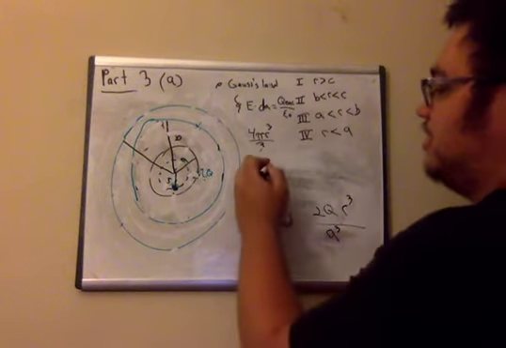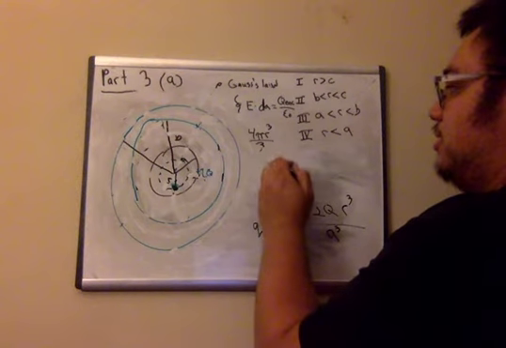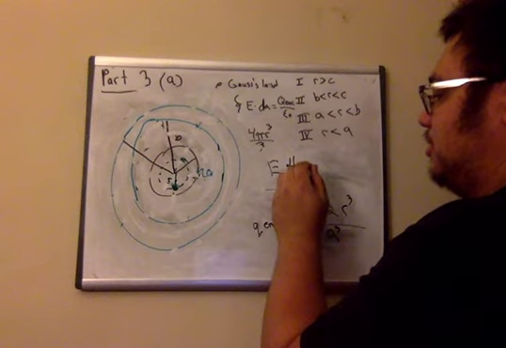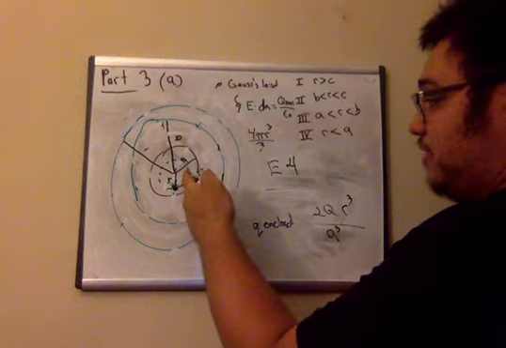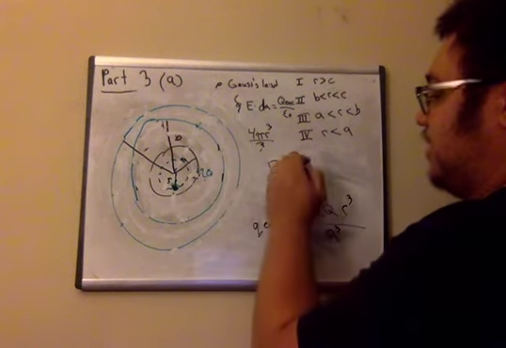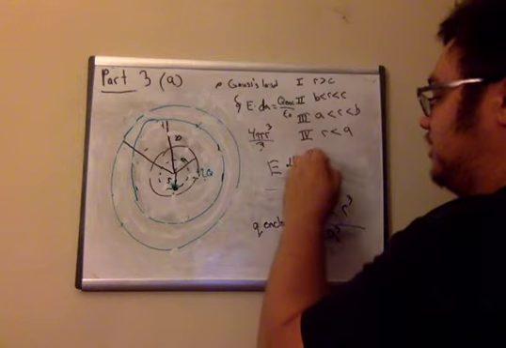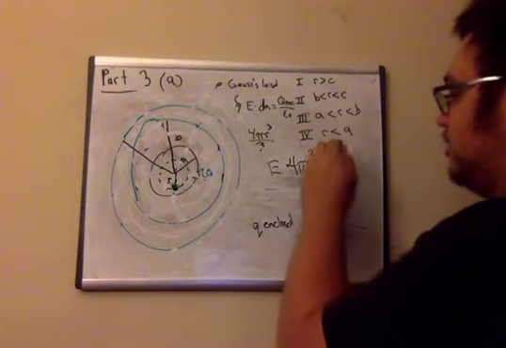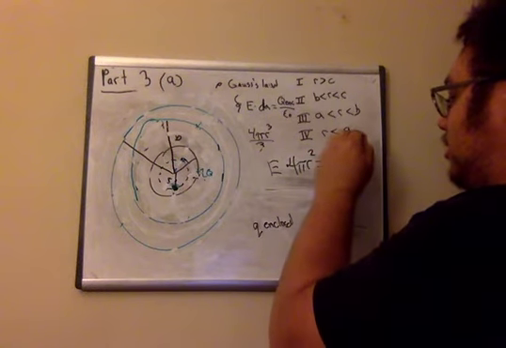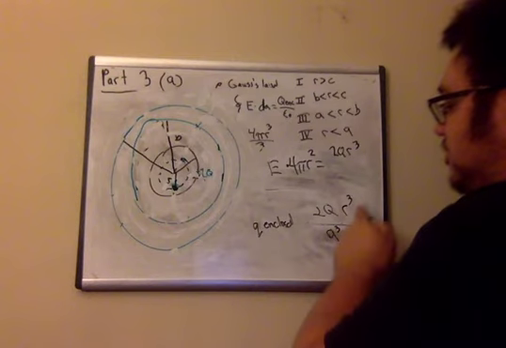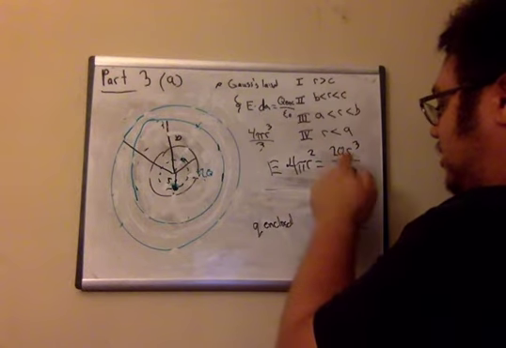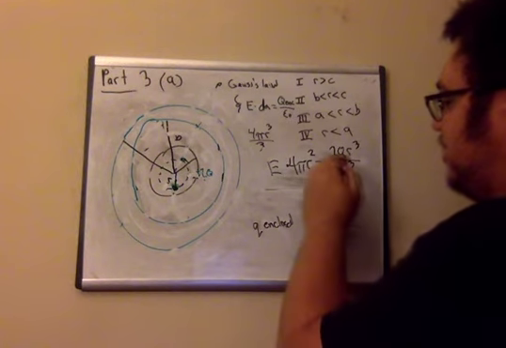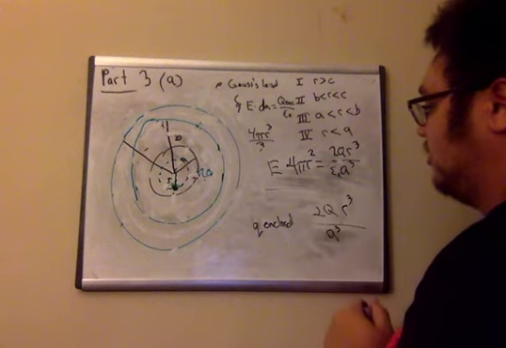Now, remember, we said that our electric field times the surface area of our sphere that we made, which is 4 pi r squared, is equal to the charge enclosed, which we found was 2q r to the third divided by a cubed, divided by epsilon naught. Don't forget epsilon naught, that's important.